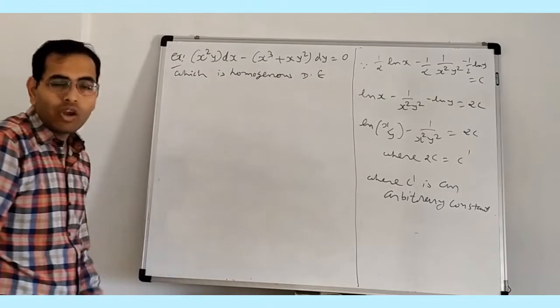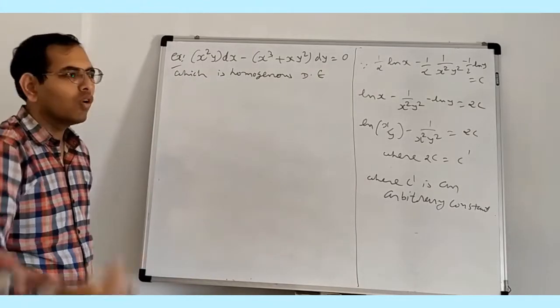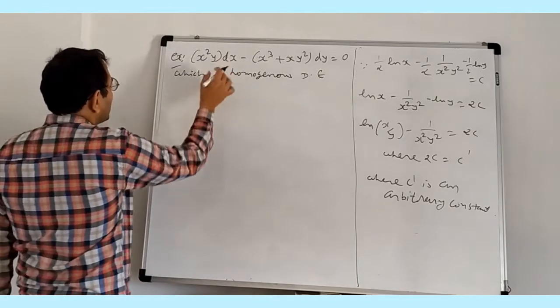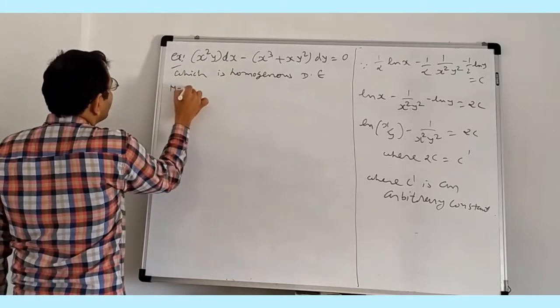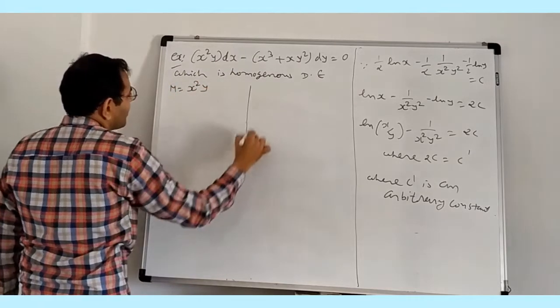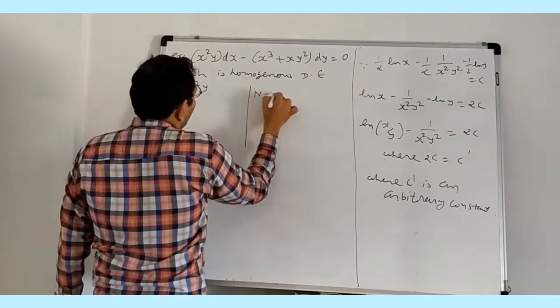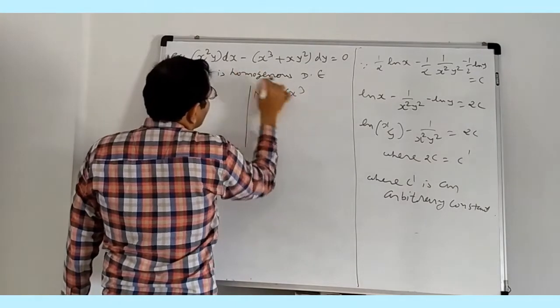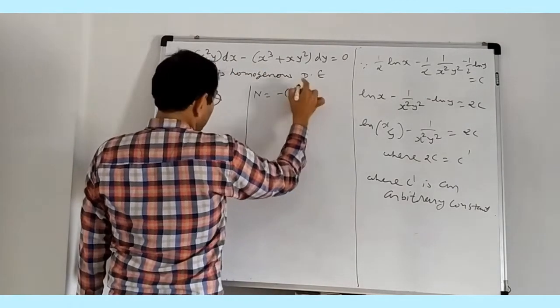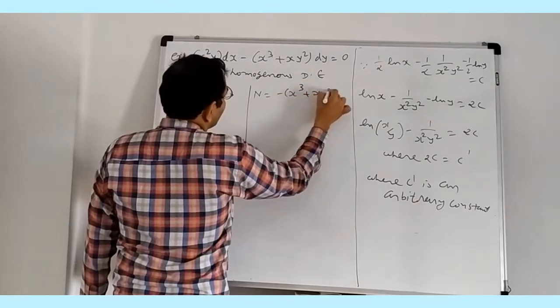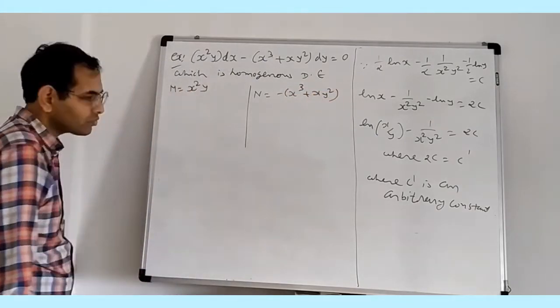This example we can also solve by the method of homogeneous differential equation. M is x square y, and N is minus x cube plus xy square.